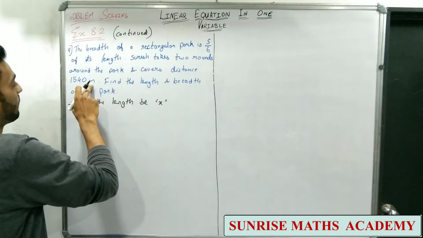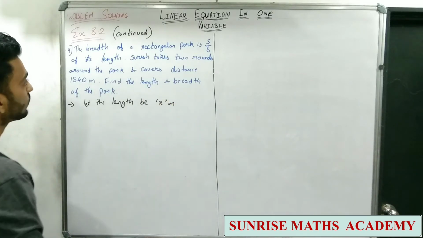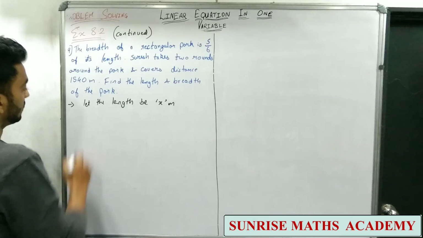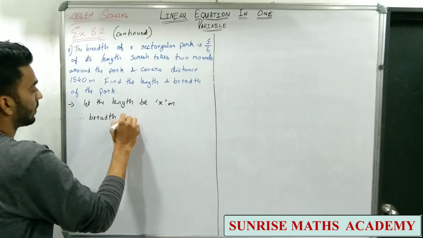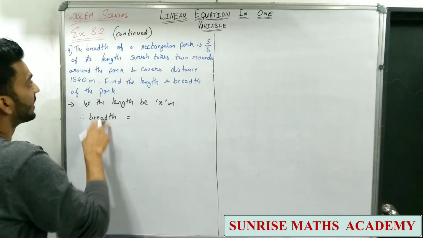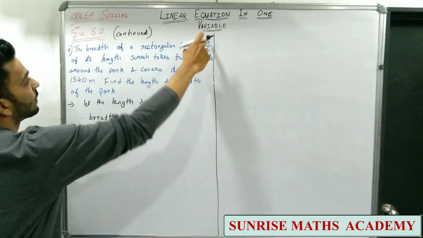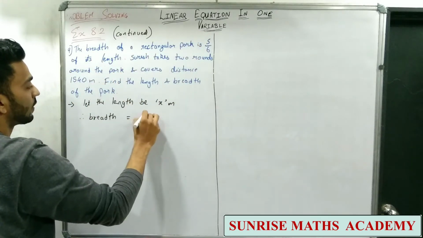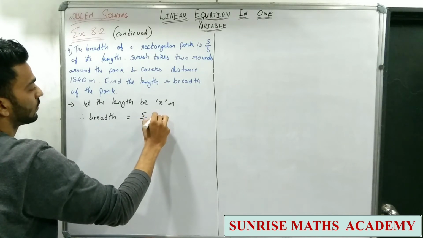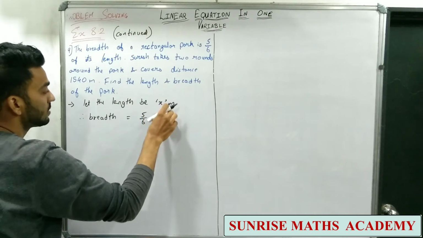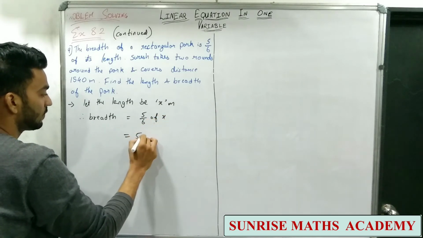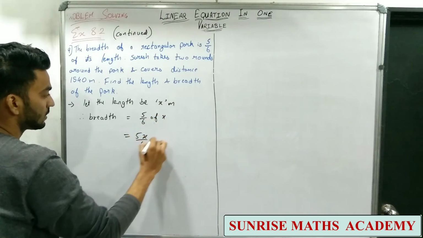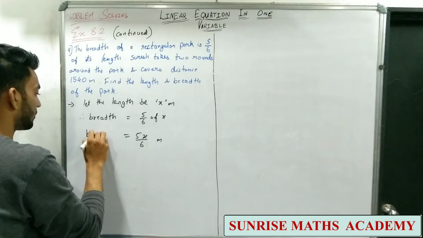Unit here is meter. So length is x, breadth of rectangular park is 5/6 of length. 5/6 of length means it will be 5x/6 meter. This is the breadth.